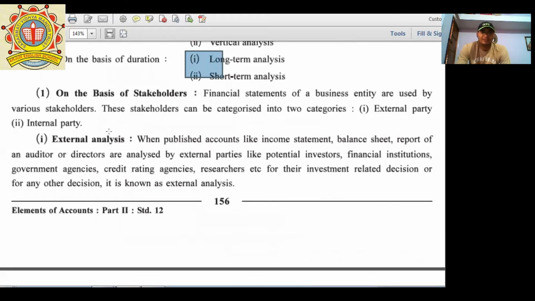Now, what is external analysis? When published accounts like the income statement, balance sheet, report of an auditor or directors are analyzed by external parties, means whatever the accounting procedure and financial statements that are provided by the internal accountant or management, these financial statements are analyzed by the external parties. So what are the external parties?